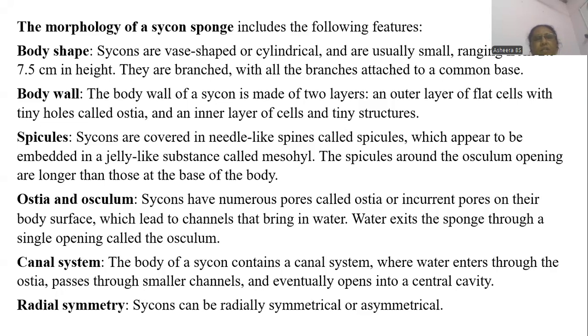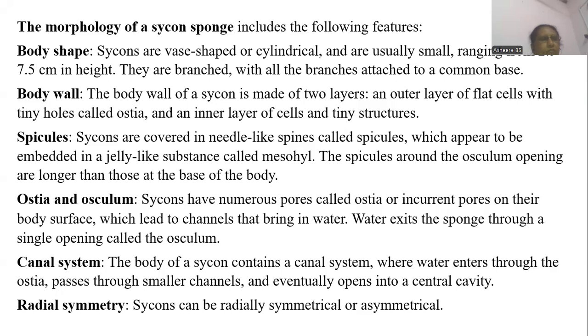Through the ostia the water will enter, and there is one large single opening, the osculum, through which the water will exit. So the incurrent water is coming through the ostia, and the excurrent water is going out through the osculum.